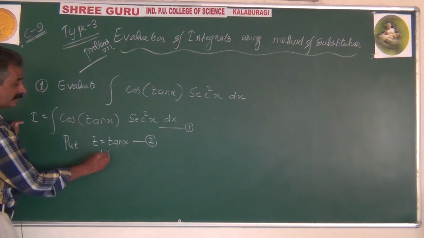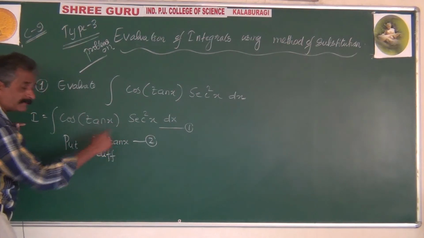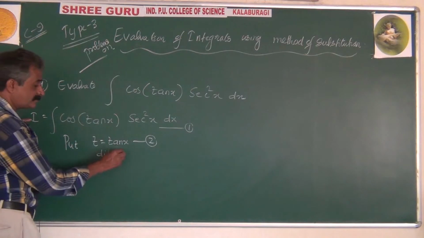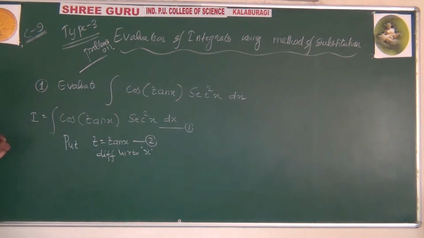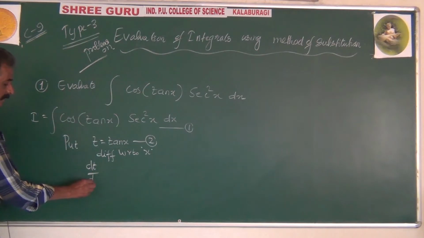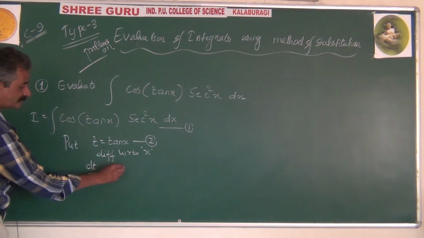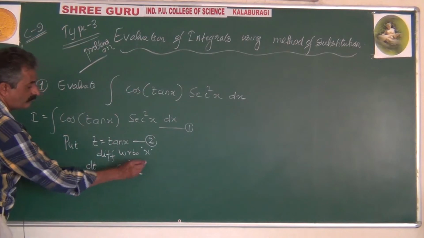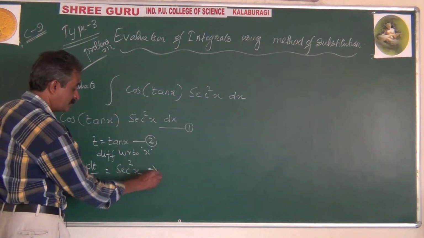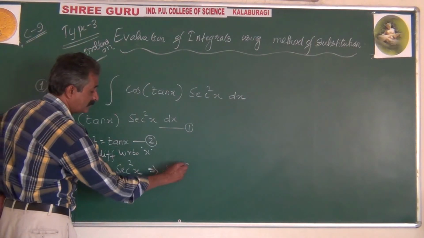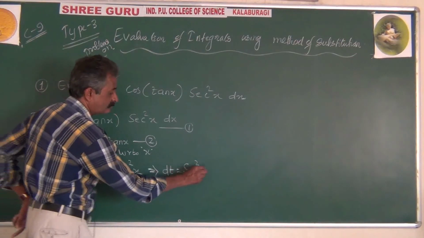Differentiate. And since we have everything completely in terms of x, better differentiate with respect to x. On differentiating with respect to x, dt by dx, the right hand side is secant square x. You can think of it as if on cross multiplication, which implies dt equal to secant square x into dx.